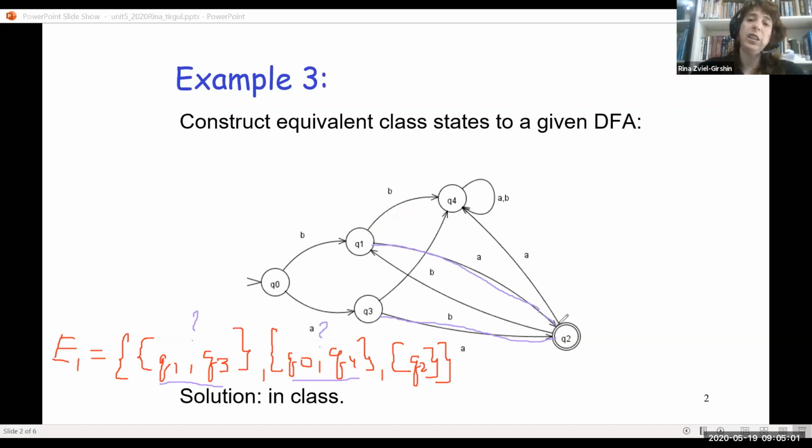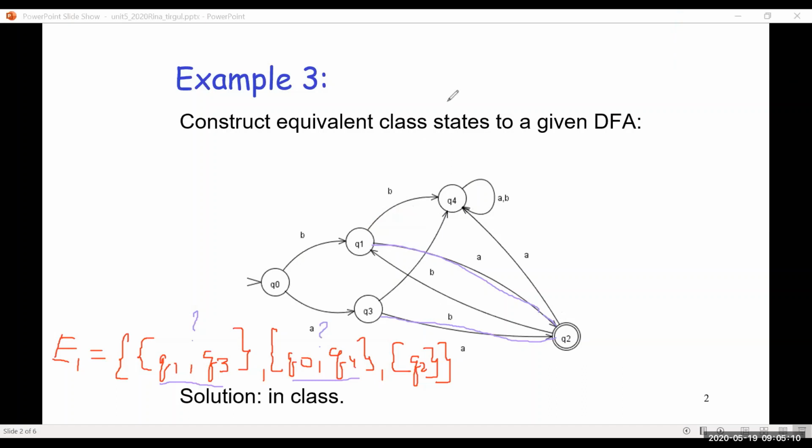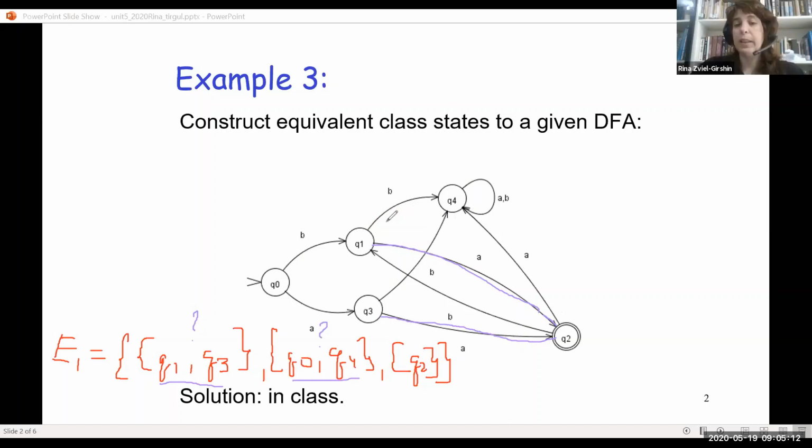So for additional letters, they won't behave differently because I will continue from Q2 and it will be the same behavior. And same for B, right? The same for B, exactly. In this automaton, it's the same for B, since we have Q4. And once again, for the second, third, fourth additional letters, we can't continue anymore.